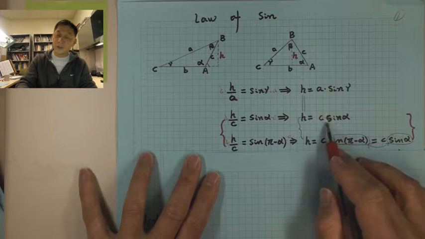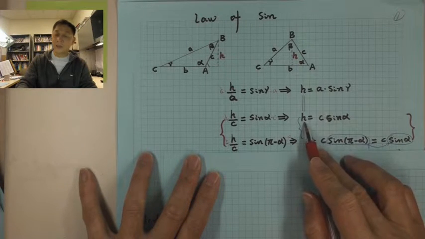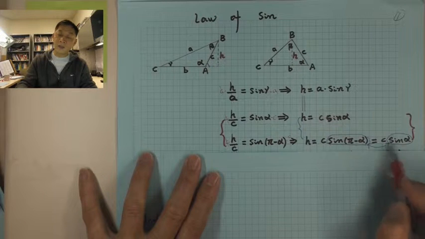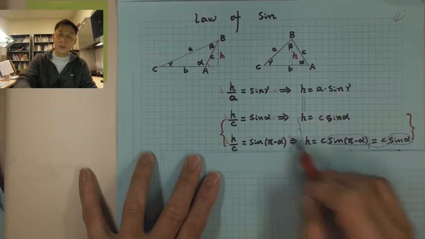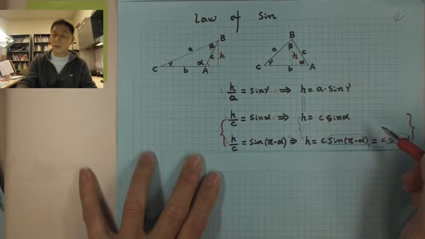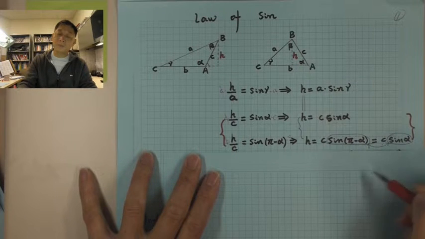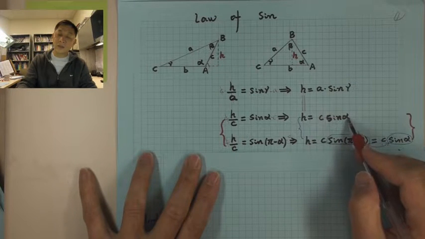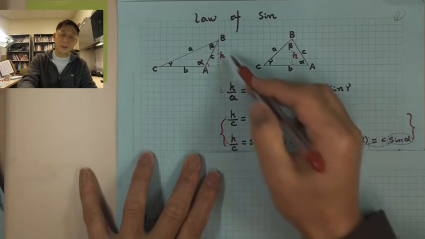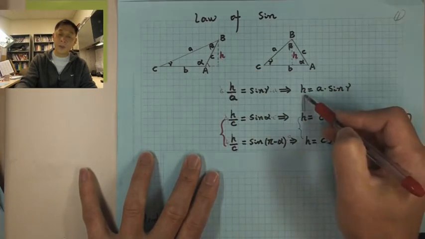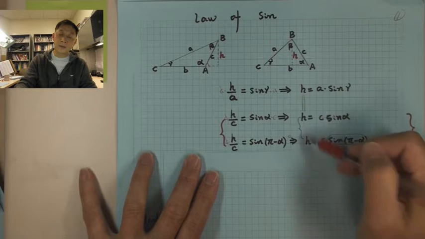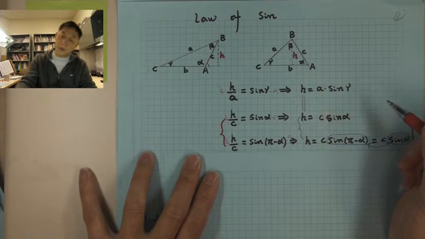So you see C sine alpha for the first case and C sine alpha for the second case. Those two H's are the same H, so they are still equal.